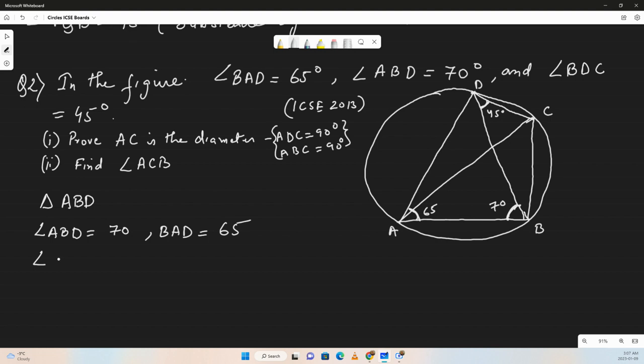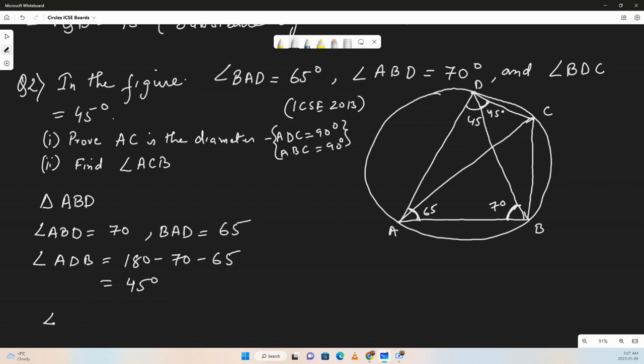So how much is angle ADB? That is equal to 180 minus 70 minus 65. So 70 plus 65 is 135, and 180 minus 135 is going to be 45 degrees. So ADB is 45. So basically this is 45.